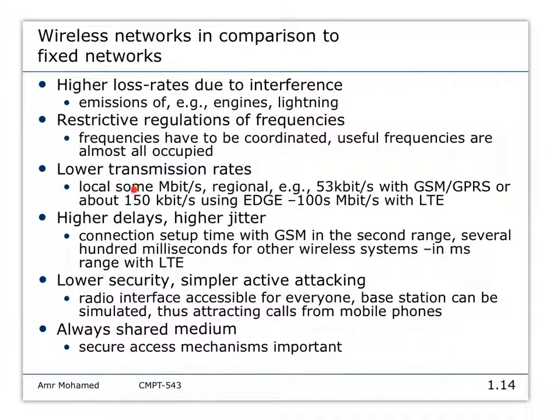Because then we can say that because this type of standard uses this frequency range and this amount of transmission power, the maximum transmission rate is this. There are some equations that govern this relationship. Okay, so we'll talk about this.